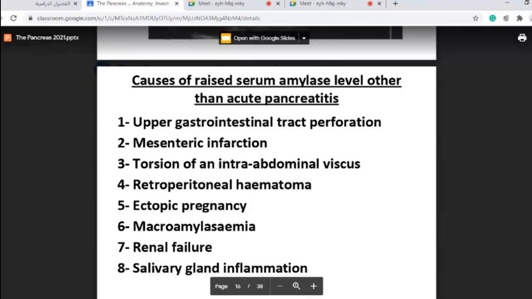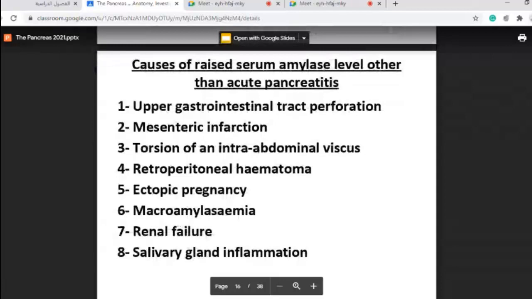For example, upper GIT perforation, I mean, perforated peptic ulcer, mesenteric infarction, torsion of an intra-abdominal viscus, retroperitoneal hematoma, ectopic pregnancy, macroamylasemia, renal failure, salivary gland inflammation. All these conditions cause an elevated level of serum amylase. So it is not specific for acute pancreatitis.